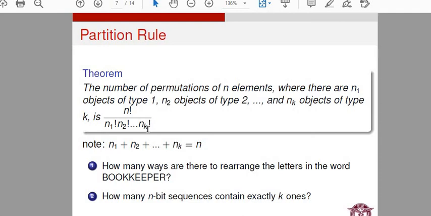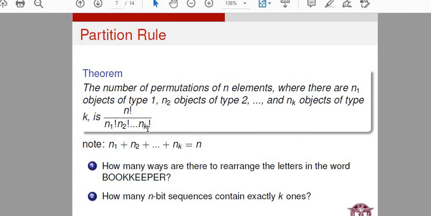Yeah, one rule we have in permutation counting is the partition rule. The theorem is: the number of permutations of n elements, where there are n1 objects of type 1, n2 objects of type 2, and nk objects of type k, is n factorial divided by n1 factorial, n2 factorial, and nk factorial.